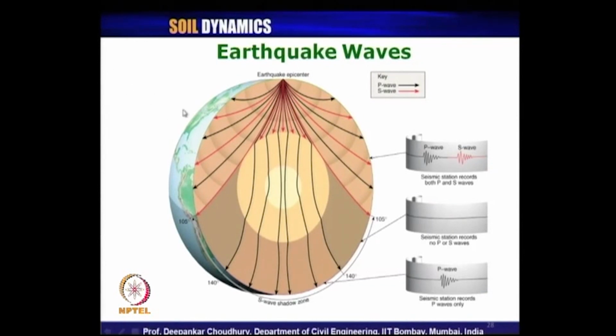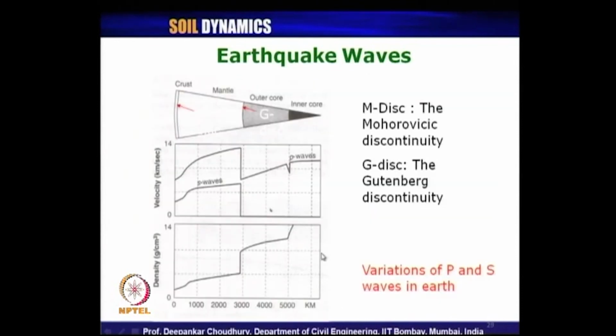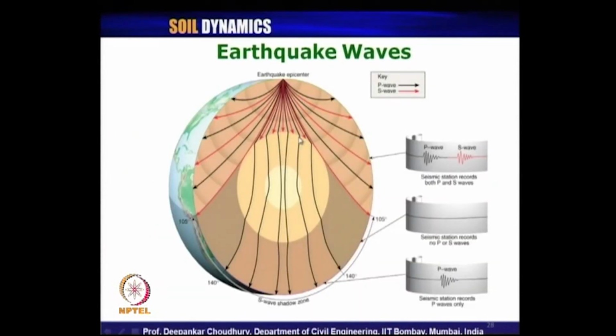What I have just explained, the combination of P wave and S wave, I am now showing through this slide. P waves are shown in black arrows and S waves in red arrows. Suppose the earthquake epicenter is somewhere here, energy gets released, and waves travel throughout the earth's interior and are recorded in other parts of the earth. You can notice P waves at this boundary of the mantle and outer core.